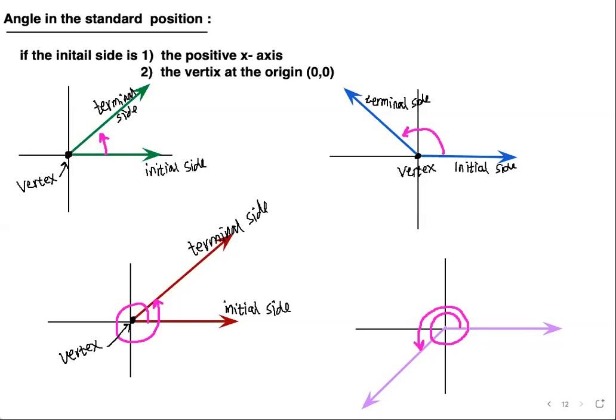So this line is my terminal side, and my initial side is the positive x-axis. Here is my terminal side. And this is my vertex.